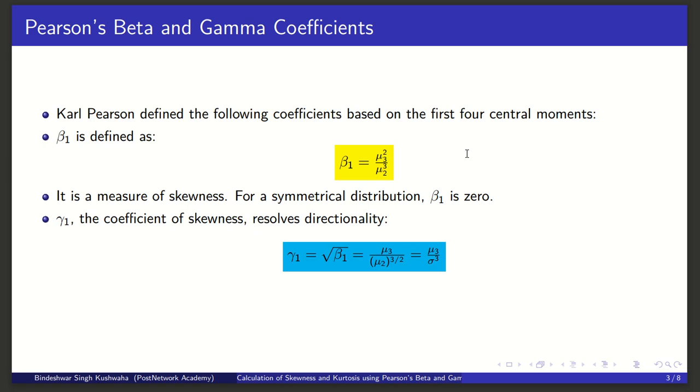But beta 1 does not give any direction about whether it is negative or positive skewness. So to resolve this problem, we will just take the square root of beta 1, and that will become mu3 upon sigma cube, and that will be used for calculation of skewness.